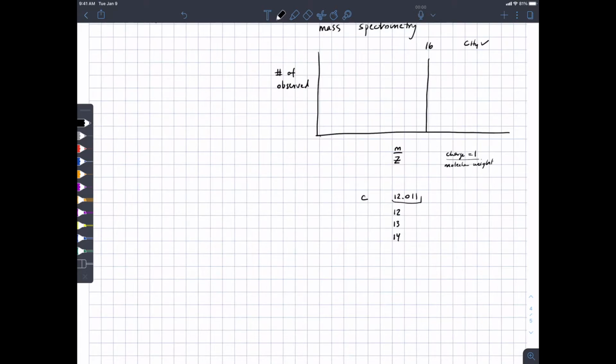And this number is a weighted average of all of those. In mass spec, you're going to see what are called monoisotopic peaks. That is, you're going to see a peak at 16 where all of the carbons are carbon 12 and all of the hydrogens are just regular hydrogen. And then you'll see a smaller peak 1 mass unit away, and that's where one of the carbons is carbon 13 or one of the hydrogens is deuterium and so on.